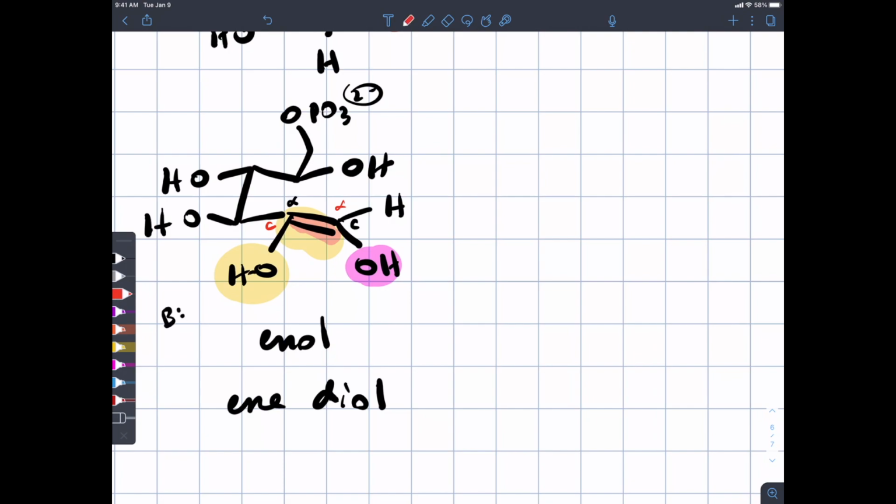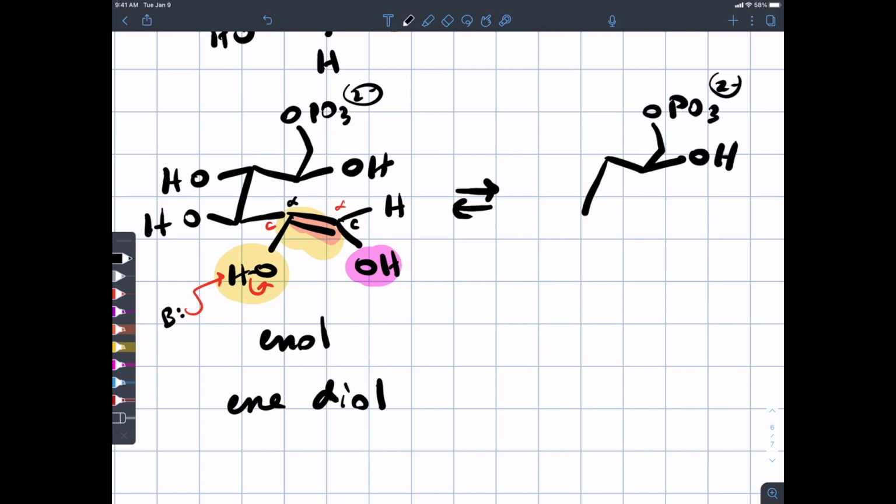from the yellow OH group, that will make a new enolate, which is resonance stabilized on the oxygen and on this alpha carbon.